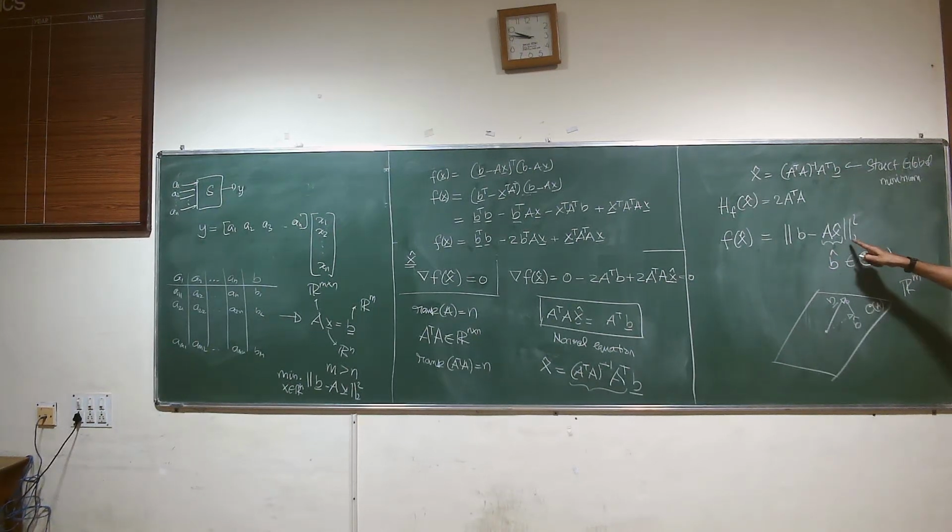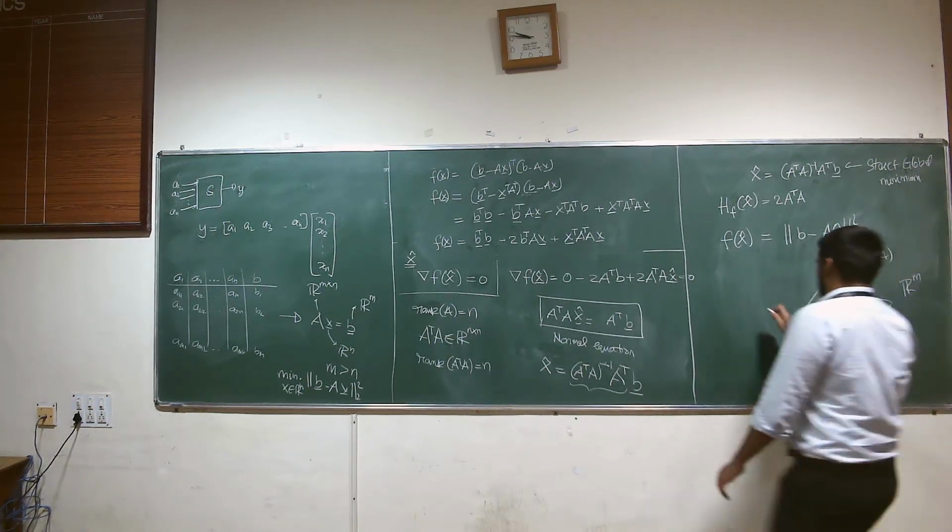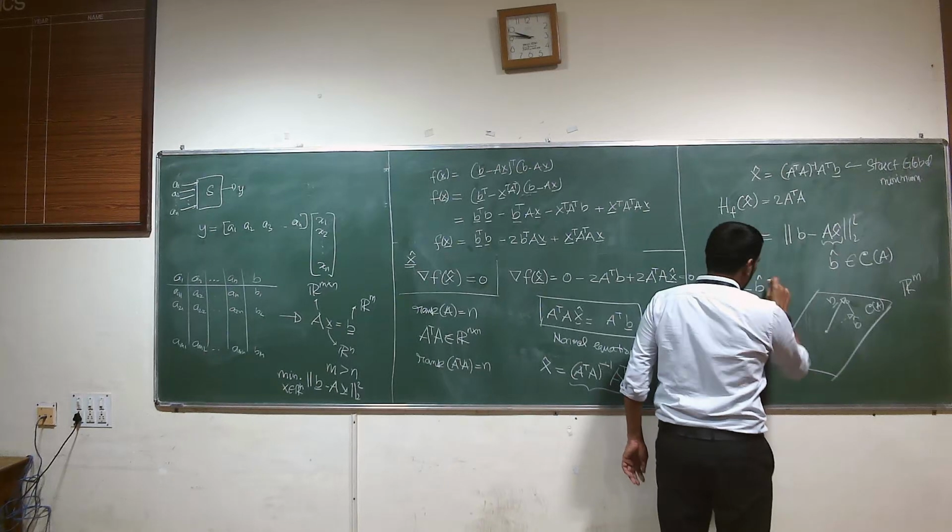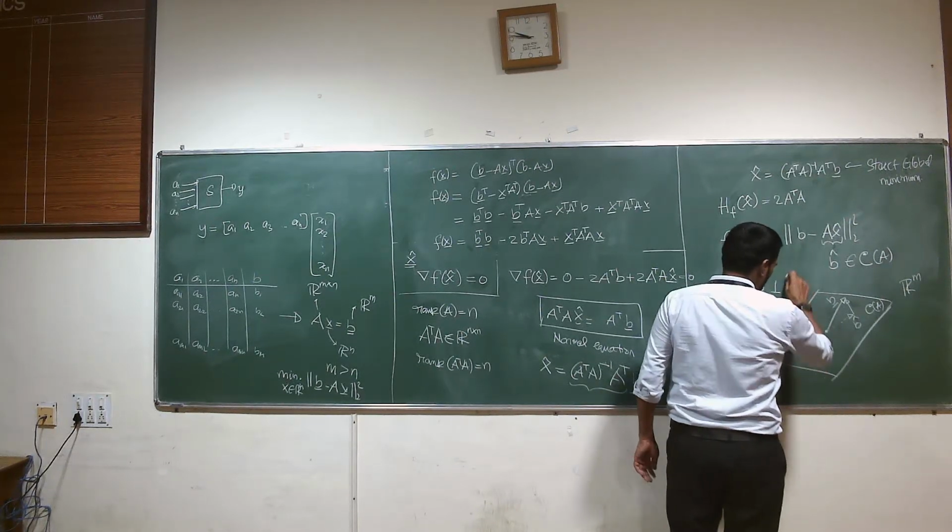We've seen this before. If you have a vector and a subspace, and you want to find the vector in the subspace that is as close as possible to this other vector, with distance measured in the two norm, that results in a specific operation. Under the two norm condition, this b minus b cap will be orthogonal to b cap.